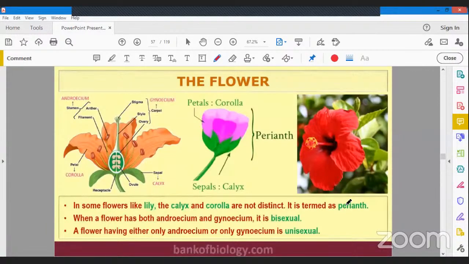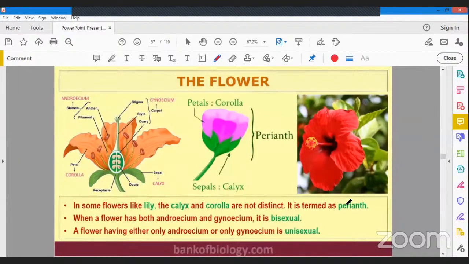Individual units of perianth are called tepals.